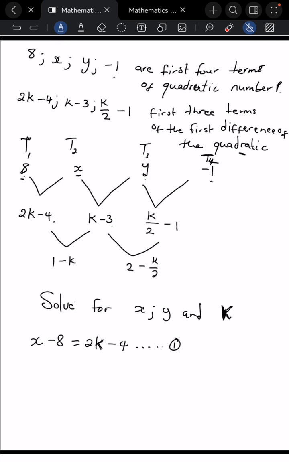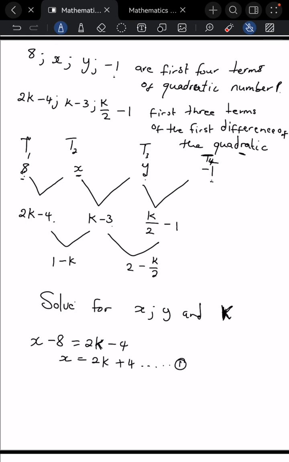We can rearrange it to have x only on one side: x = 2k - 4 + 8, which becomes x = 2k + 4. This is our real first equation.